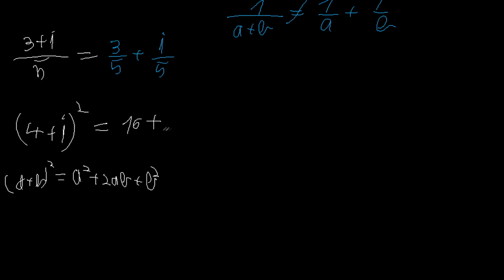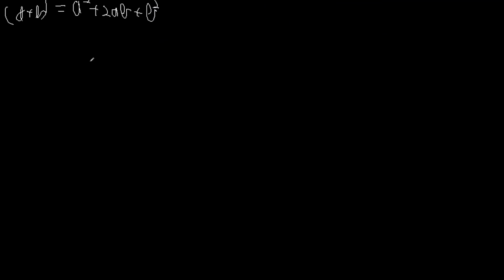And you'll see this is 16 plus 2 times 1 times 4, well, i times 4, plus i squared. And this is 16 minus 1, because i squared is minus 1. This is 15 plus 8i. There you have it.